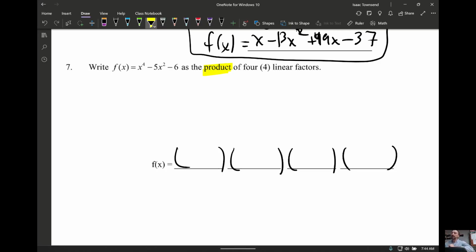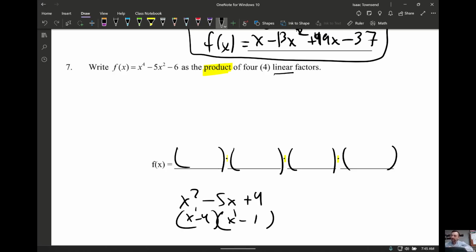So we're supposed to find all 4 linear factors and show that they are multiplied together. So basically find the 4 factors, but instead of listing them with commas, have them next to each other. It's the same as when you do this. When you factor this, this is a product, because they're being multiplied, of linear because they're x to the first factors.